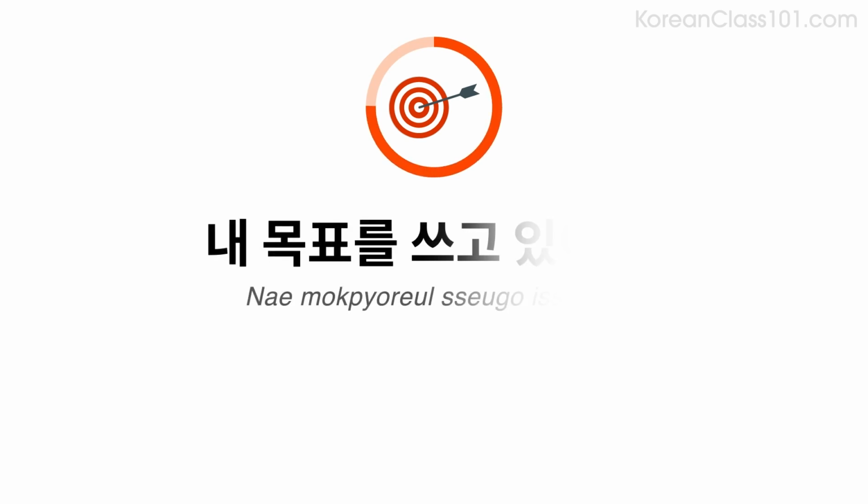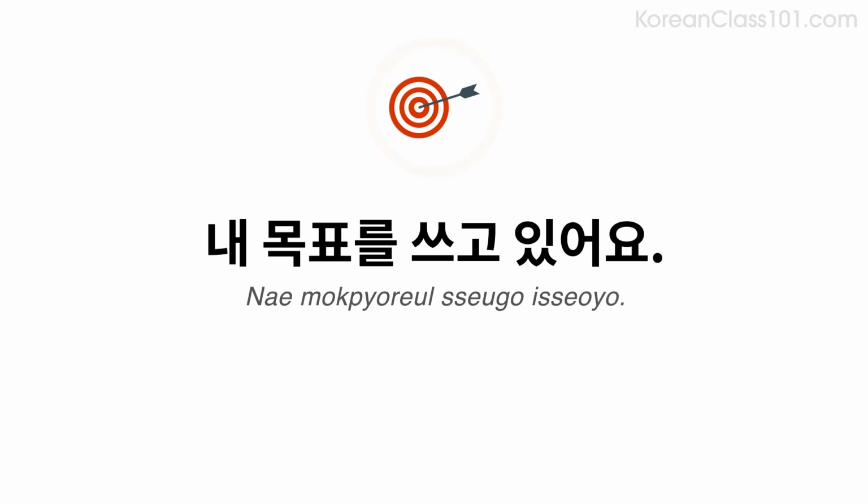Say, "I'm writing my goals." 내 목표를 쓰고 있어요. Now answer the question saying you're writing your goals. 뭐 하고 있어요? 내 목표를 쓰고 있어요.